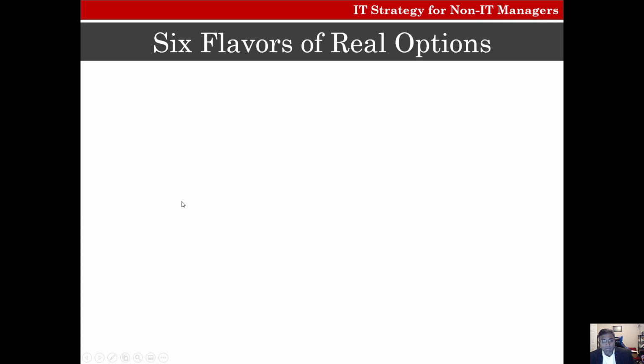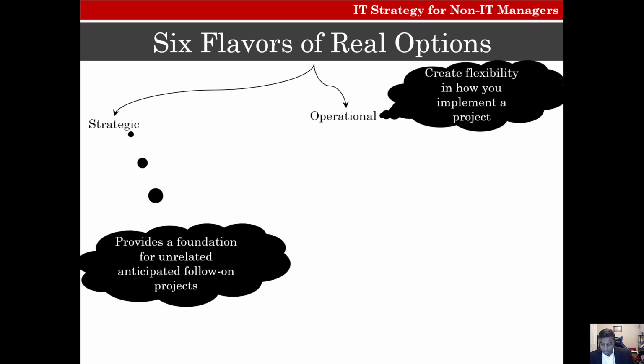So we're going to talk about six flavors of real options. Now, they can be strategic or operational. A project has a strategic growth option if it provides a foundation or a platform for unrelated follow-on projects that cannot yet be anticipated.